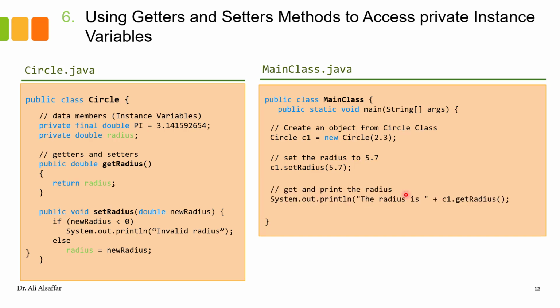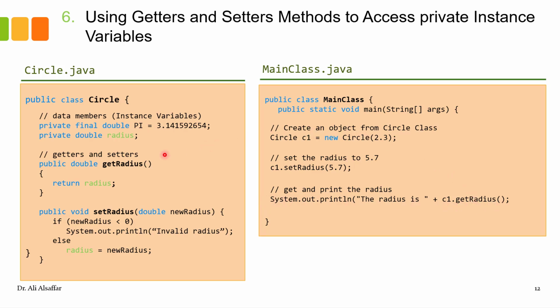Now suppose I would like to print the value of radius. Since it is private, I cannot use c1.radius. So I'm going to use the getter method, which is responsible for returning the value of radius from outside the class. Here we say c1.getRadius.